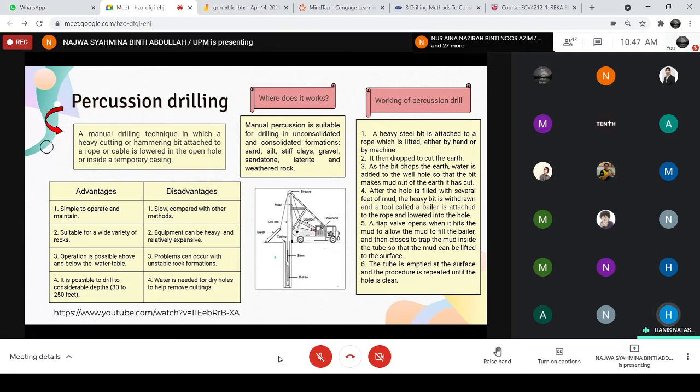For the disadvantages: percussion drilling is a slow method compared with other conventional drilling. The equipment can be heavy and expensive. Problems occur when dealing with unstable rock formations, and lastly, water is needed for a dry hole.